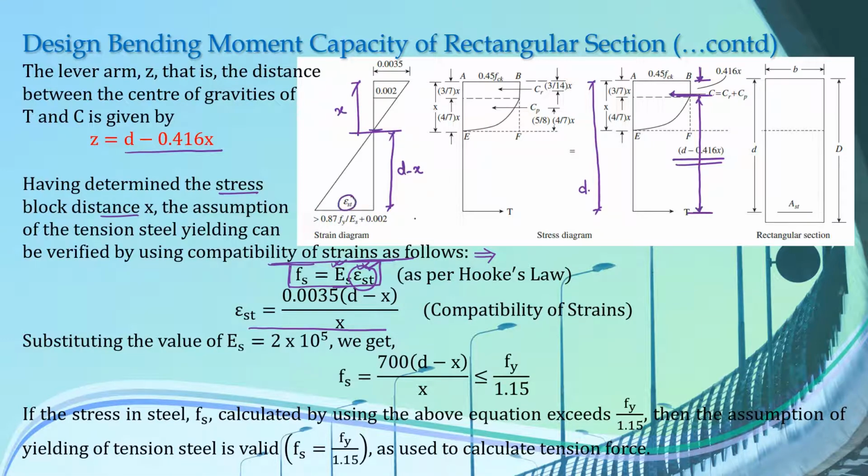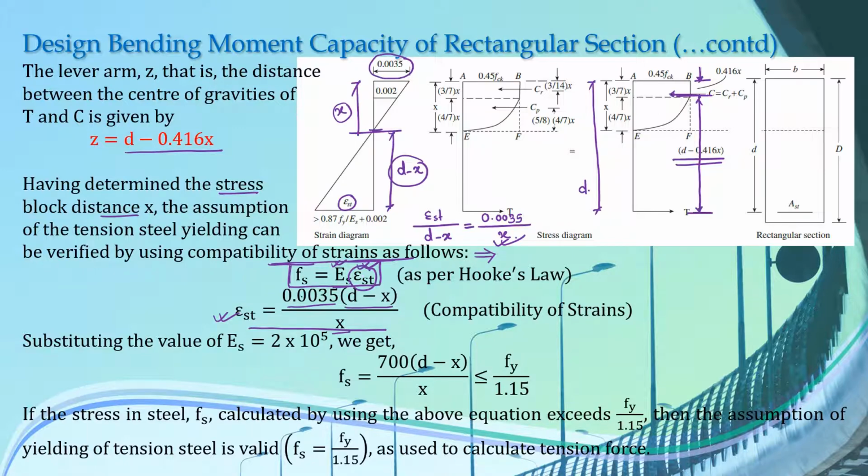Epsilon st over d minus x should be equal to the strain in our extreme compression fiber, which is 0.0035 divided by x. If you rearrange the terms in this equation, you get the value of epsilon st as 0.0035 into d minus x over x.